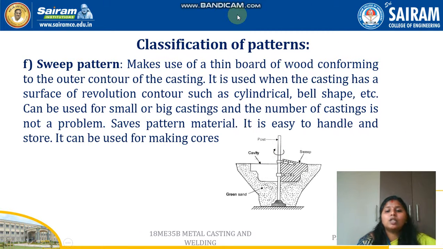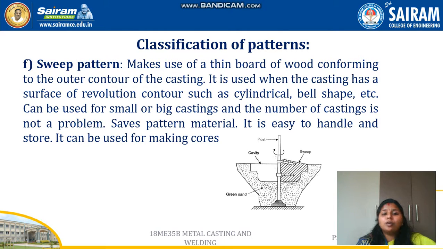And the next one is the sweep pattern. When we need to produce hollow things and it is not convenient to make such a big pattern, we can make a portion of it and revolve it. For example, a bell shape or a cylindrical shape.